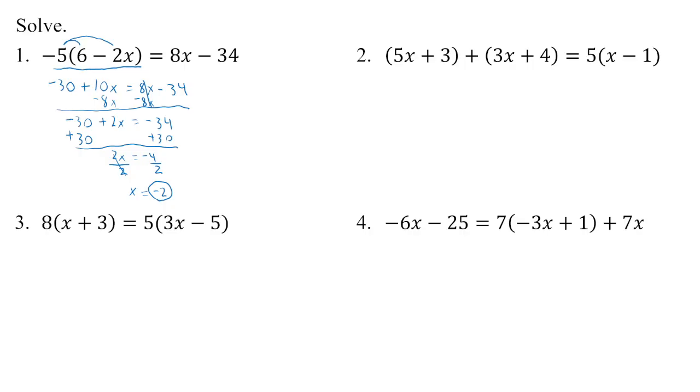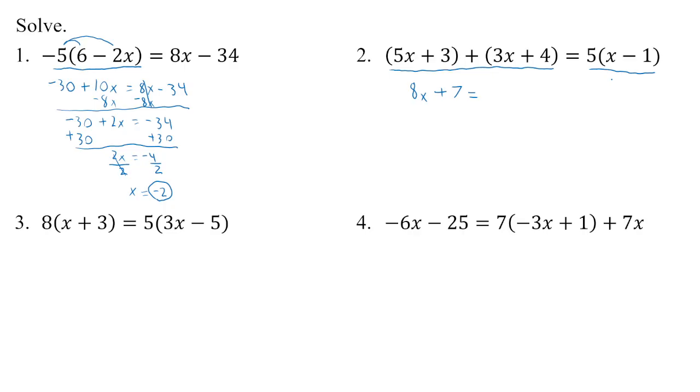All right, number 2, we're going to simplify this side, and we do that by combining like terms. So we got 5x plus 3x equal 8x, and 3 plus 4, which is 7. Equal, now look at this side right here.